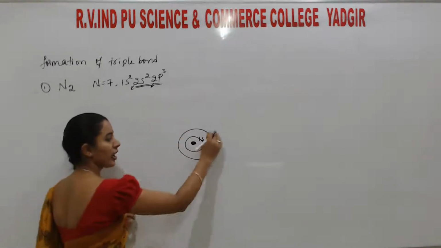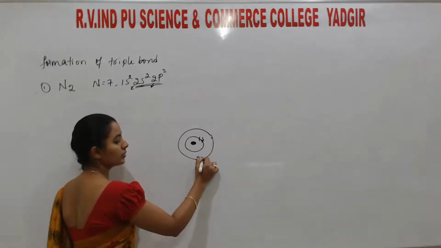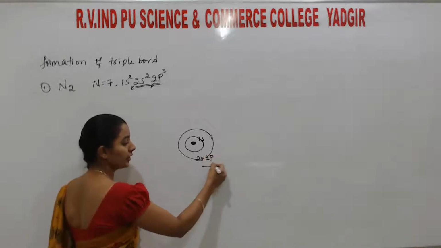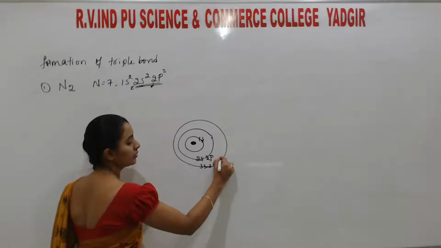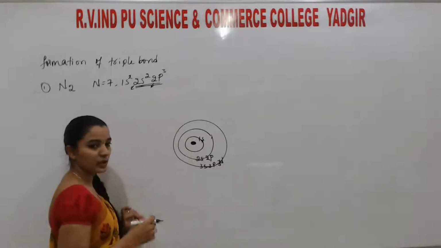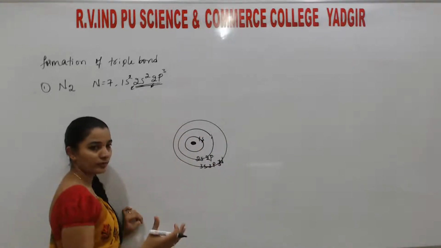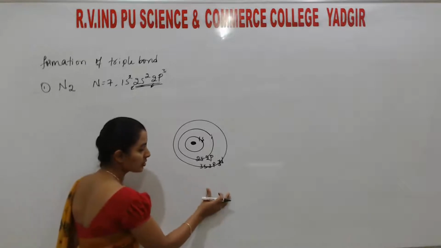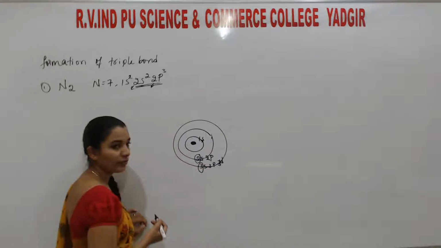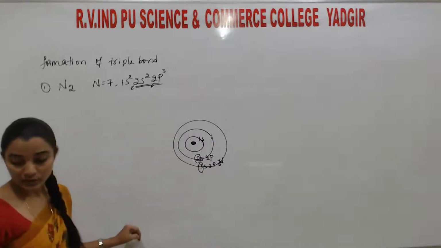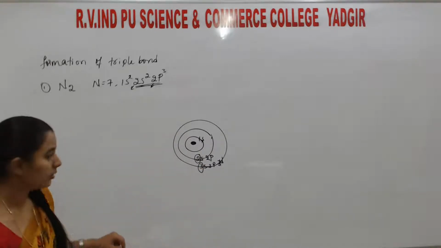So the last shell is 2s 2p. If another shell is there, the valence shell would be 3s 3p 3d, similarly 4s 4p 4d 4f. So the shell with the greater n value is the valence shell. Understood?